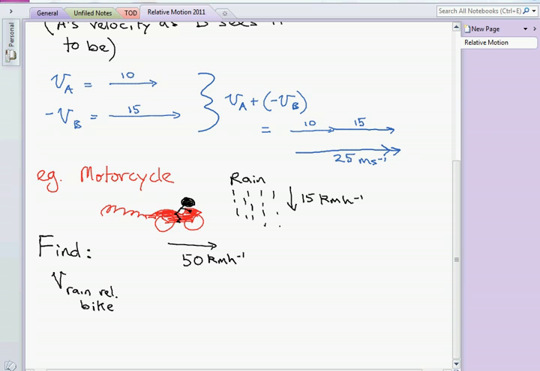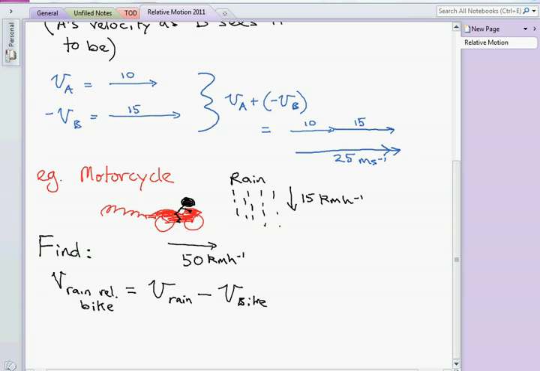Okay. We'll write this down. Velocity of rain relative to the bike. What's our rule? If it's velocity of A relative to B, it's the velocity of A minus the velocity of B. Good. So V rain minus V bike.